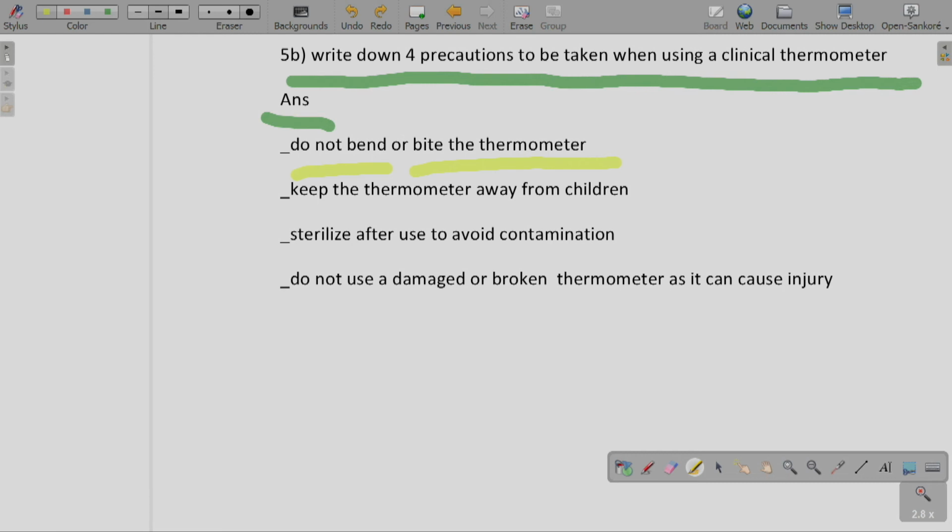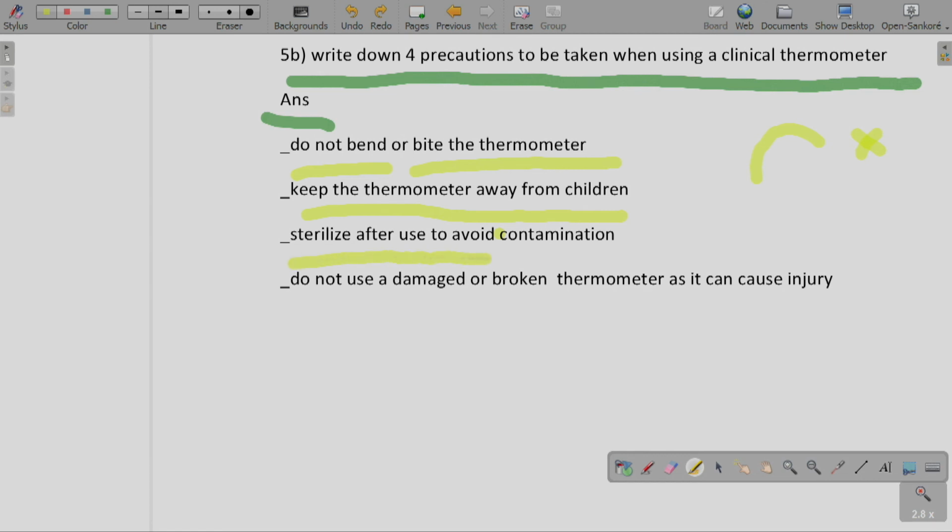Keep the thermometer away from the children, because if you keep it in a place whereby children can reach it, they can bend it or bite it or even break it. So keep the thermometer away from children.